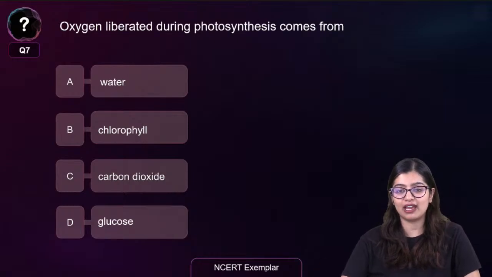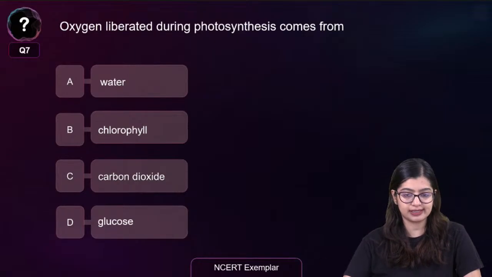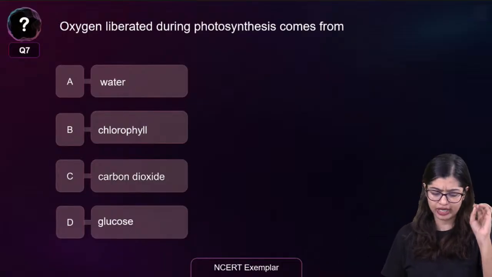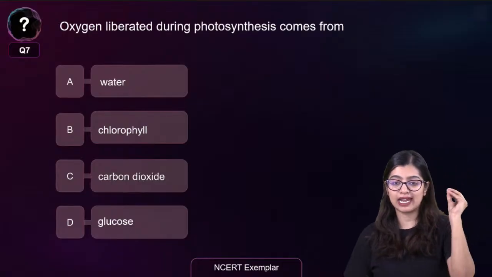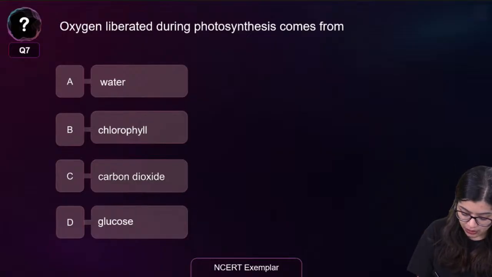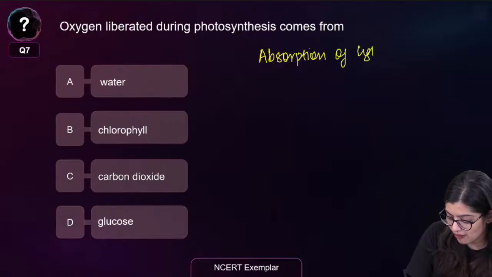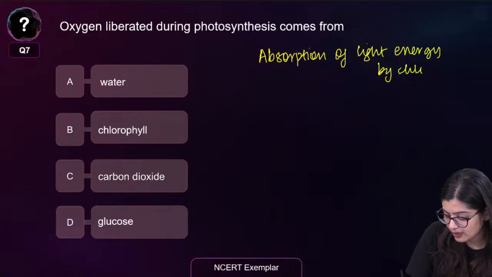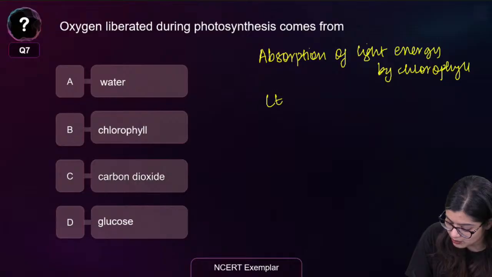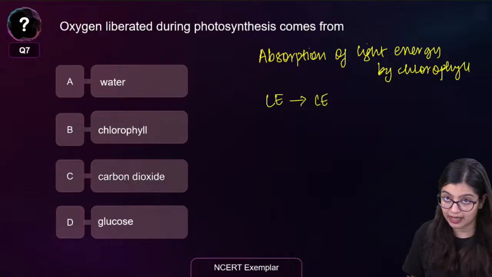Very good, very good. Super proud to see the answer, but still some confusion with carbon dioxide as an answer, right? So we know that step number 1 in photosynthesis is absorption of light energy, right, by chlorophyll. Then what does it do? It will use this light energy, I'm just going to put LE, and convert it to chemical energy.